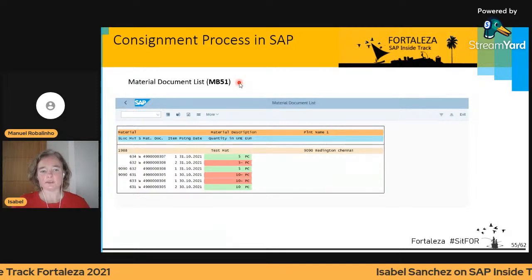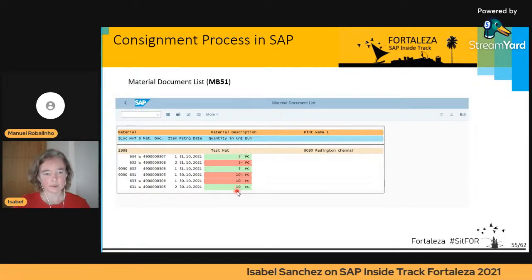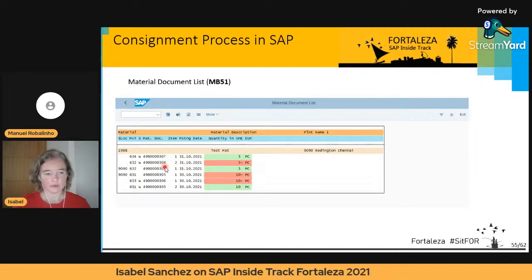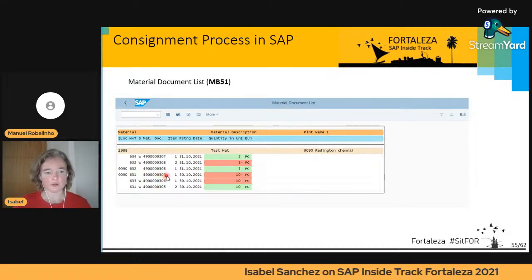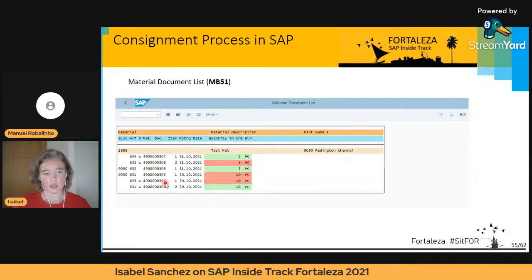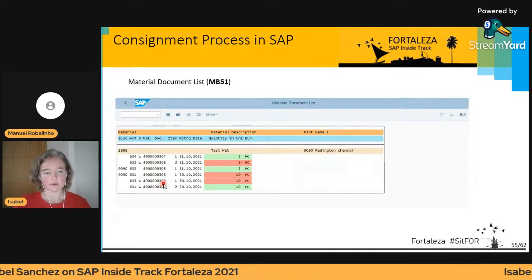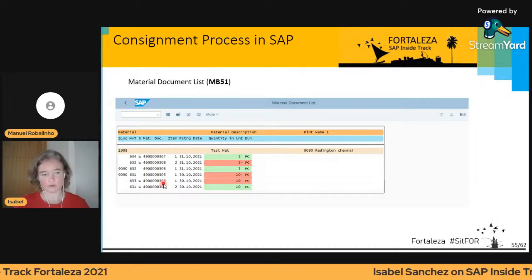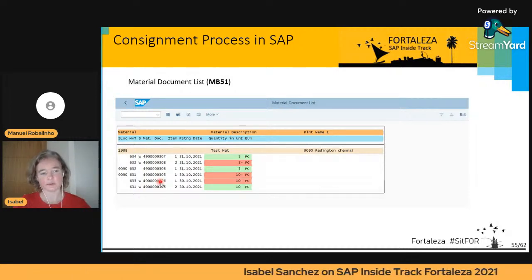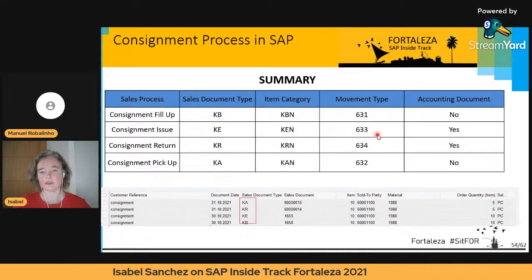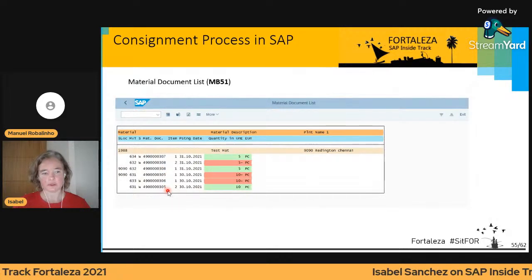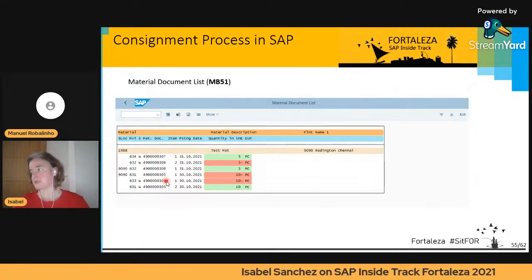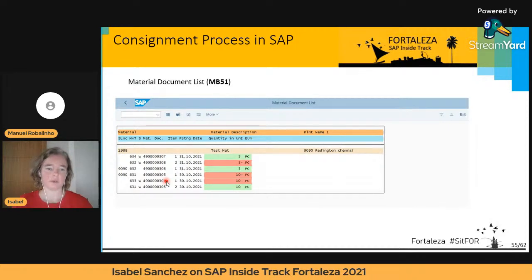About the material document list, you will see the material. You will see that there are documents that match with each other, 301, 305, except this one, 306, which is movement type 633. 633 is the issue, the part when we sell, when we recognize the invoice to the customer.